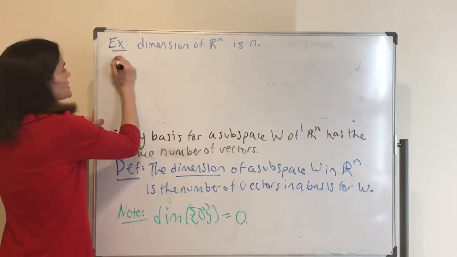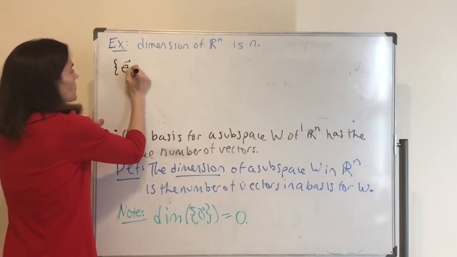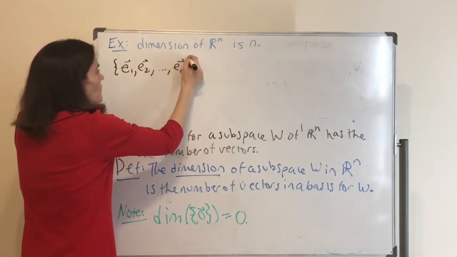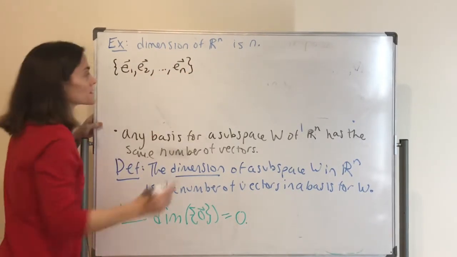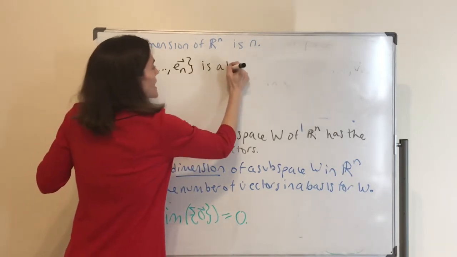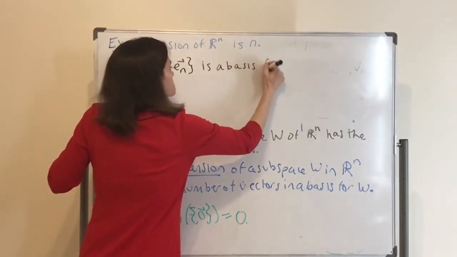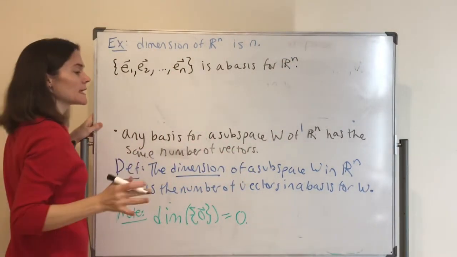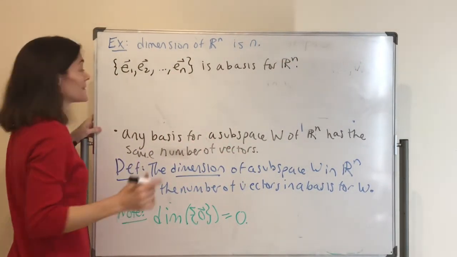But how could we see that in light of this definition? Well, we can just take these standard vectors. This is a basis. Now, why is that the case? Well, technically, I need to show they are linearly independent and they span.